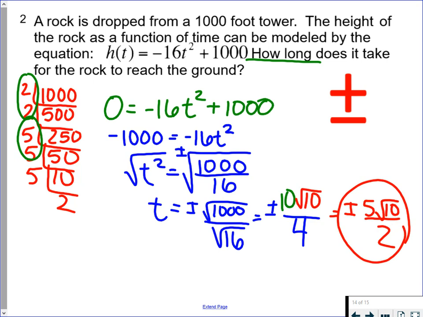Why am I saying there's something wrong about my answer? Because it's asking when the rock hits the ground, and it only hits the ground once. Okay, so which one are we not involved with? The negative. Yeah, negative time. You have to remember in a word problem what you're actually solving. Good job.